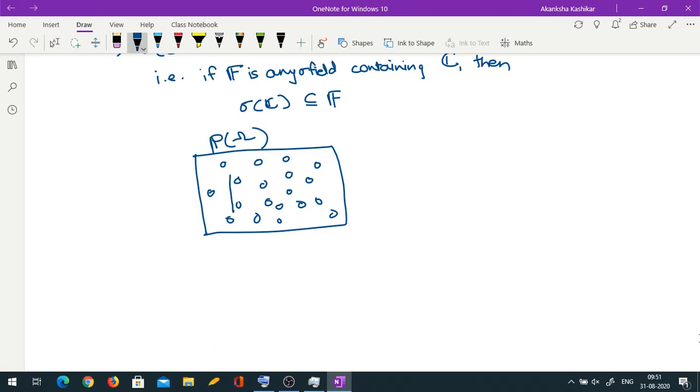Now suppose this is, say, C. So C is a collection of subsets of omega. So suppose this inside square is C. Now if I take complements and unions of sets from here and maybe complements and unions of sets from there, I get some slightly larger set. So this is, suppose, sigma C.